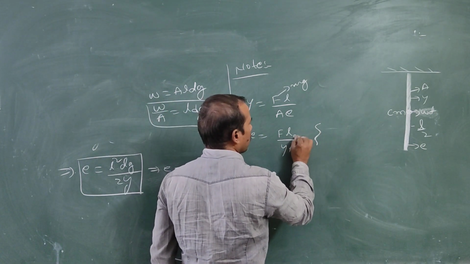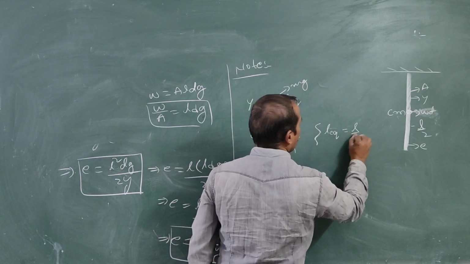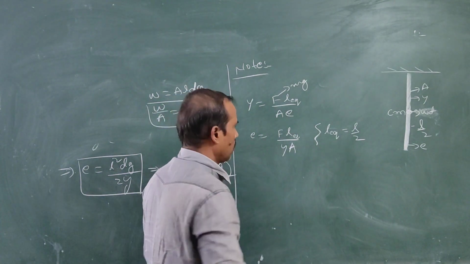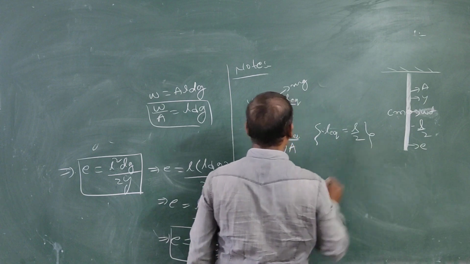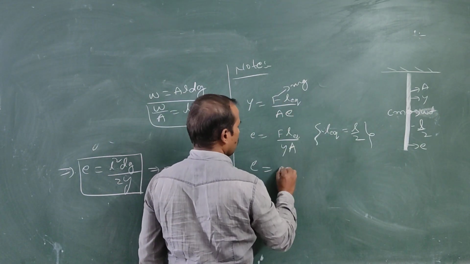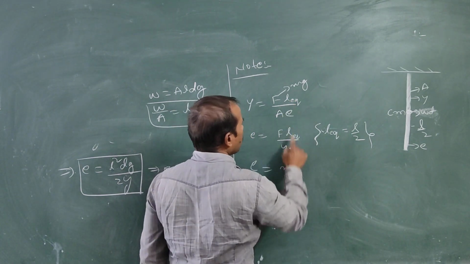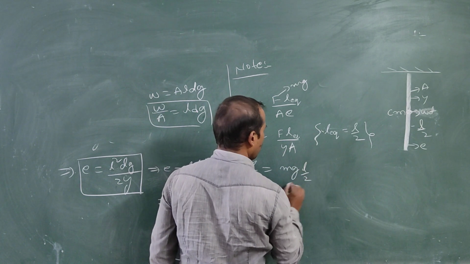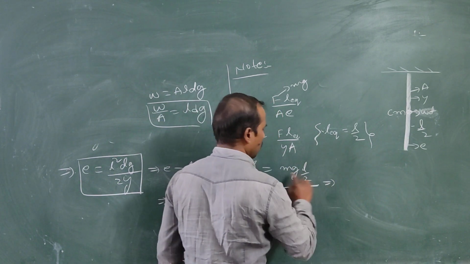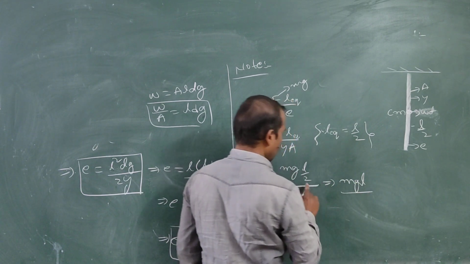The effective length is equal to total length by 2, half of the length of the wire. That means elongation is equal to F, which means mg, into L by 2 by AY. That simplifies to mgL by 2AY.